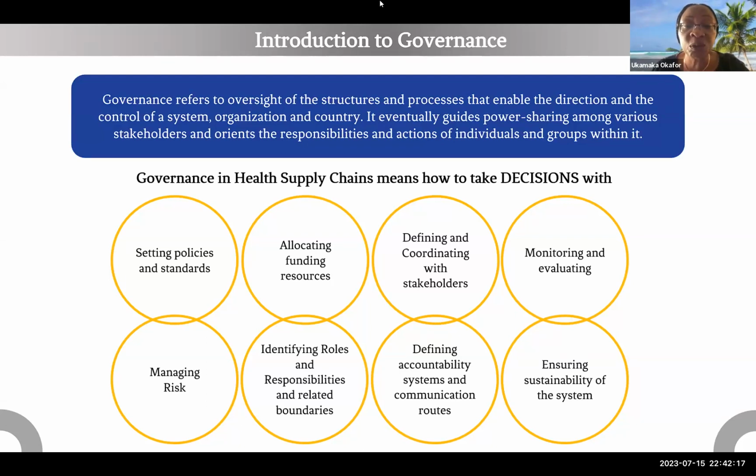It sets the tone and makes the policy for any structure, organization, country or system, be it at home, even at family level, there is governance. It guides the power sharing among various stakeholders and orients the responsibilities and actions of individuals and groups wherever they are found. So governance is a high-level decision-making structure that defines the framework and the policies of any system.